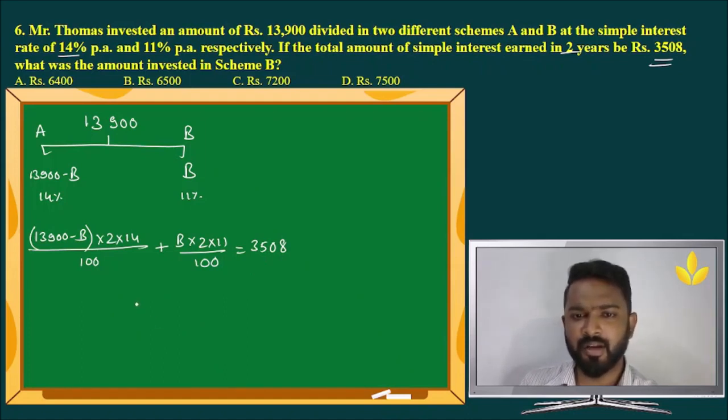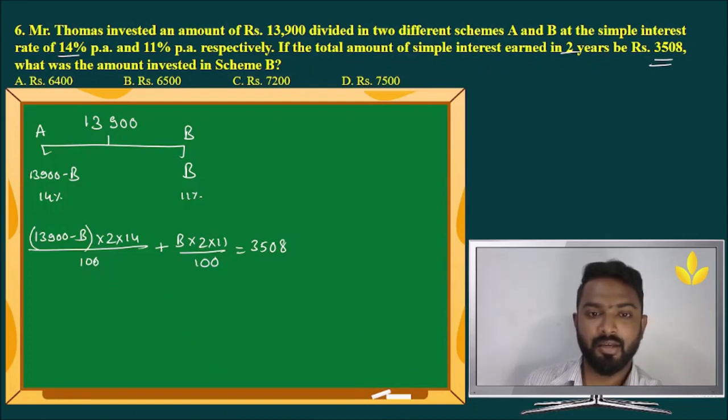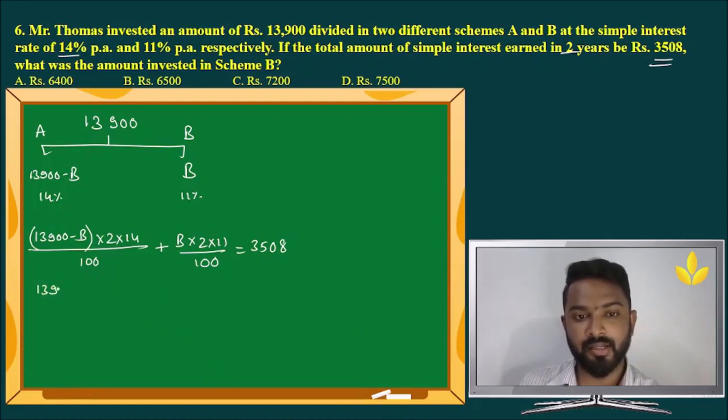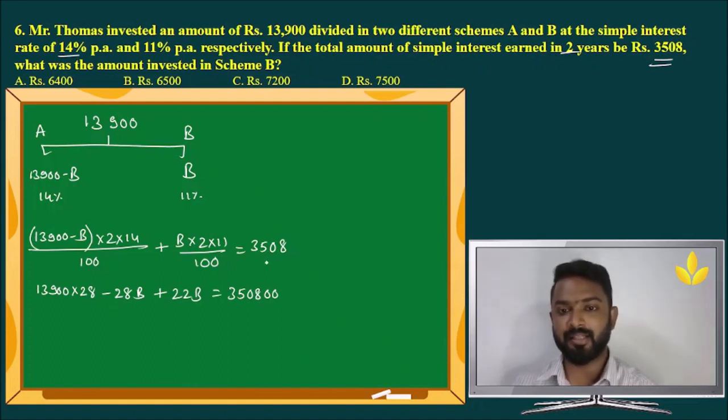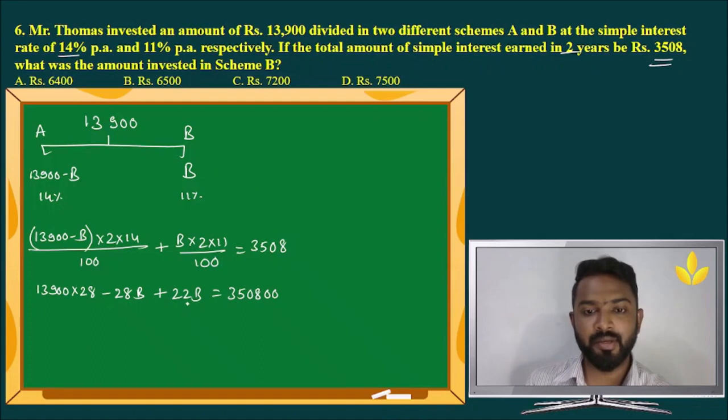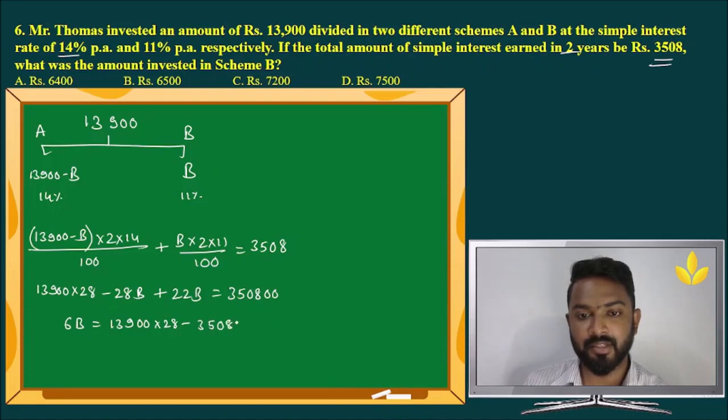Obviously, the calculation will become a little heavy over here. So let's get started. We have 13900 into 28 minus 28b. 2 into 14 is 28, that's why. Plus 22b, this one, equals 350800. We took the 100 common and then posted it to the right hand side like this. 28b minus 22b is nothing but 6b, equals 13900 into 28 minus 350800.